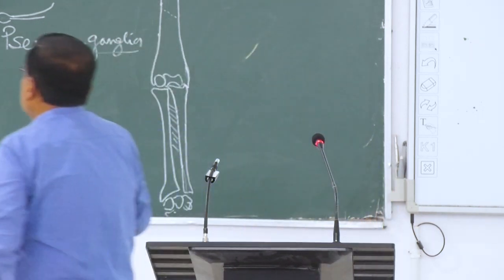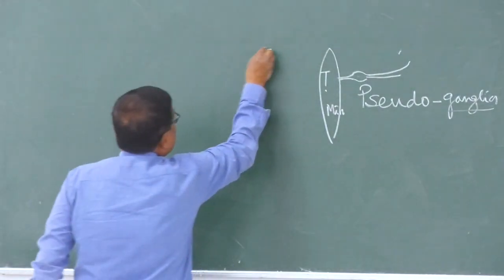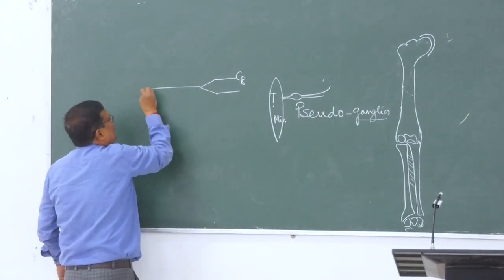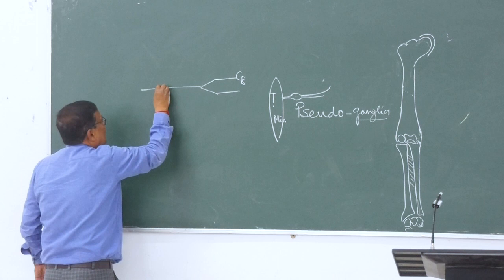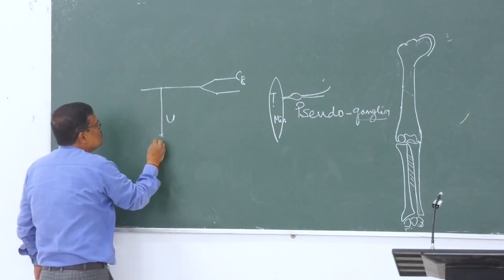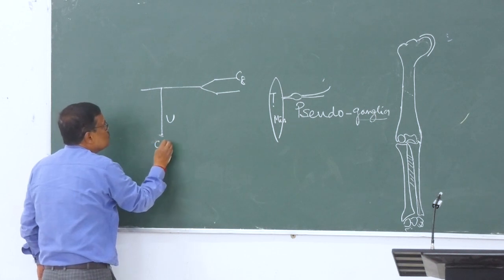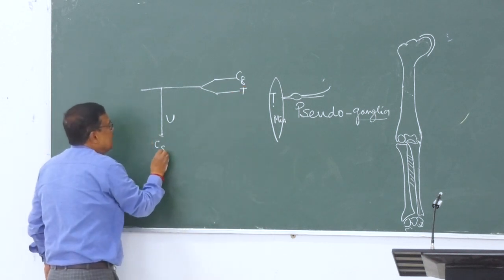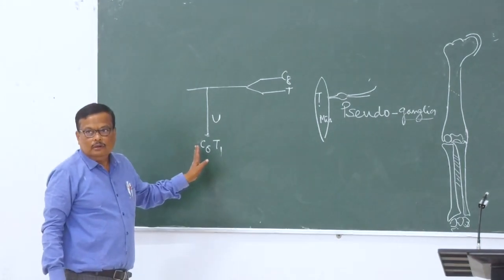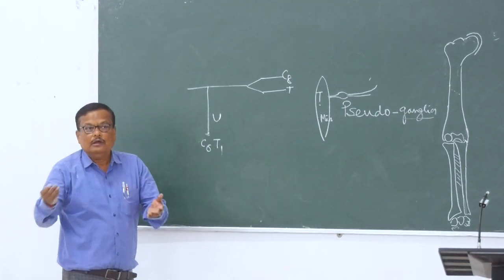Medial cord is formed by C8 and T1, and ulnar nerve is a branch of medial cord, so it depends on C8 and T1, right? So there is C7 root level.